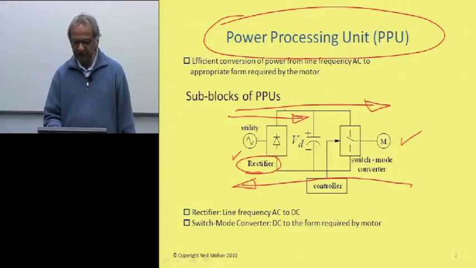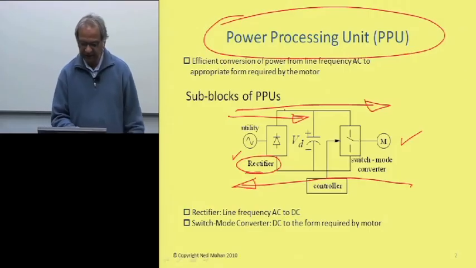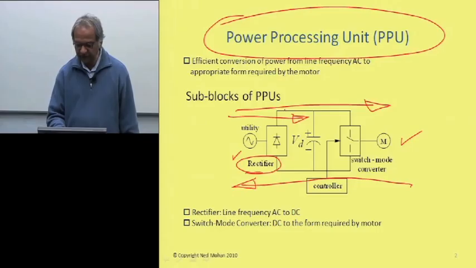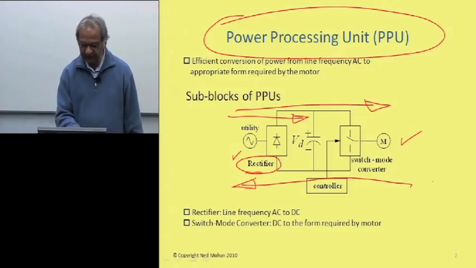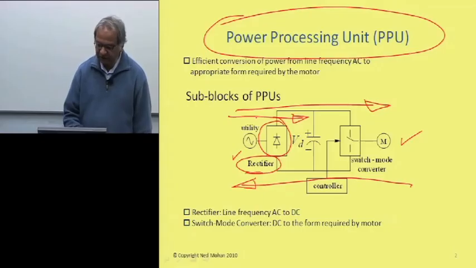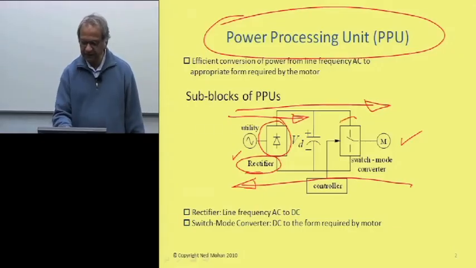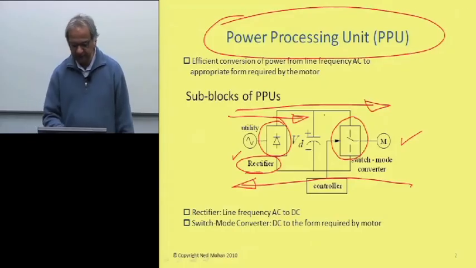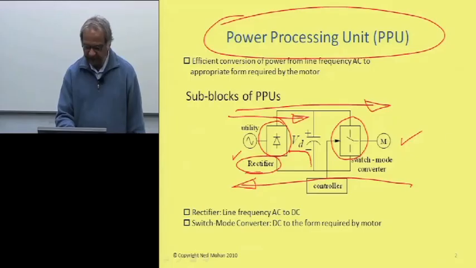So if you want the power to be bidirectional through this system, and especially if you want this power to flow from right to left here, then this converter, so to speak, could be very similar to the switch mode converter that is shown on this side here. And both of these would be controlled by this controller over here.